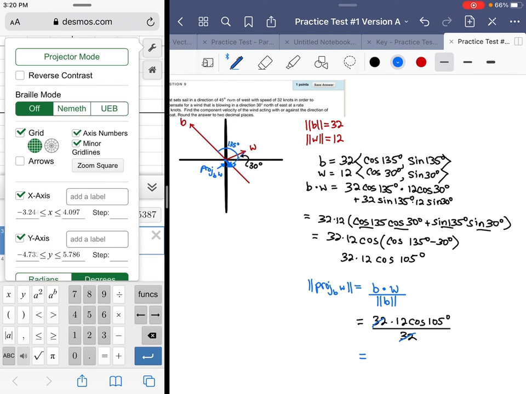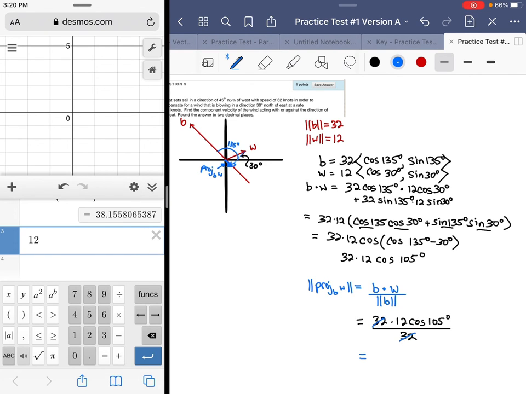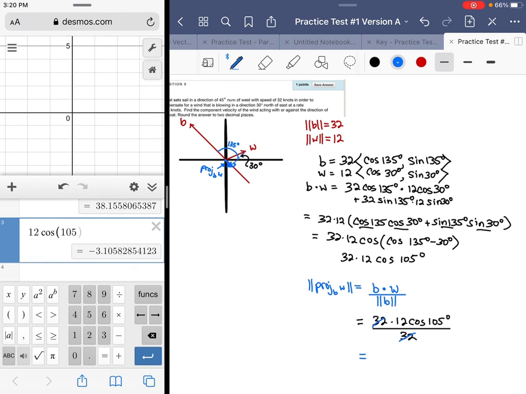12 cosine 105. I have it still from previous problems in degree form. So we're talking negative 3 point, they said nearest two decimal places, negative 3.11 knots.